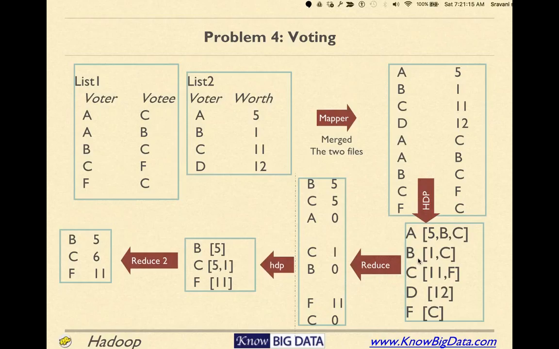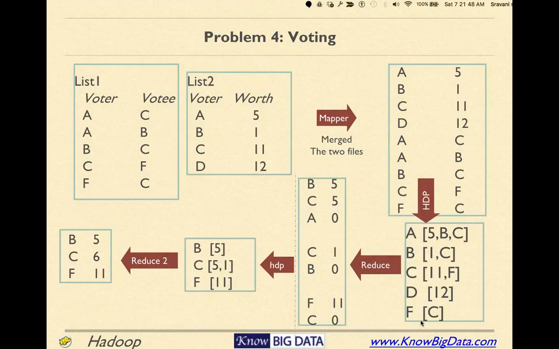Second, we'll be printing C1, and in this case we'll be printing F11. Now in the next phase, this first column is the key and the second column is the value. Then Hadoop will bring all the values together, and in the reduce phase we sum them up and we get the values.